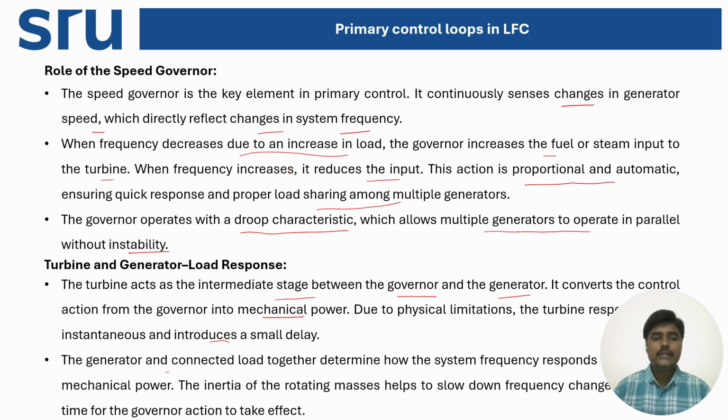The generator and connected load together determine how the system frequency responds to changes in mechanical power. The inertia of rotating masses helps to slow down frequency changes, as time is required for the governor action to take effect.